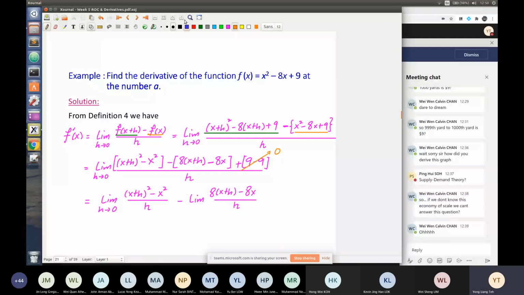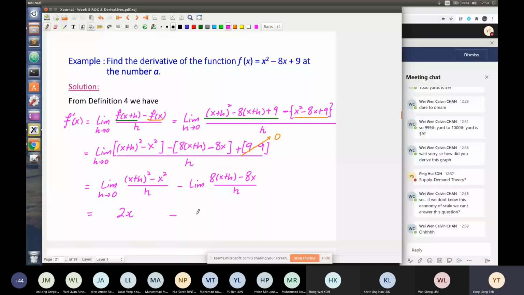This is something that we have done previously, so this is giving me 2x. Then this is something that we have not done before yet, but you can see that this is actually 8x minus 8x. So what are you left with?